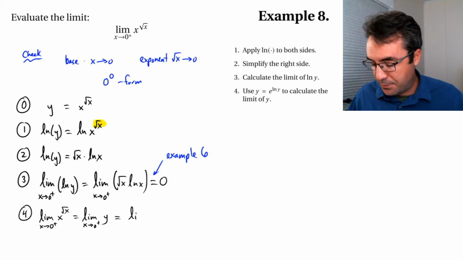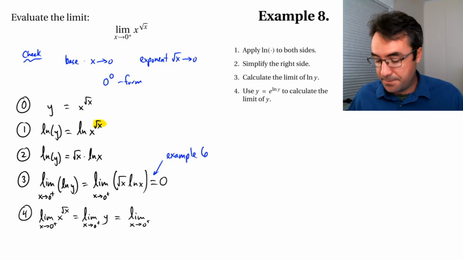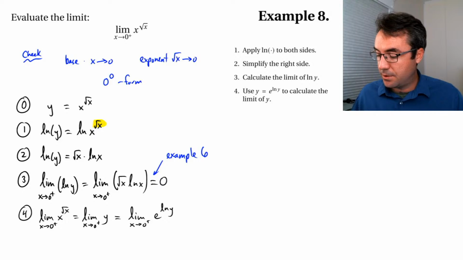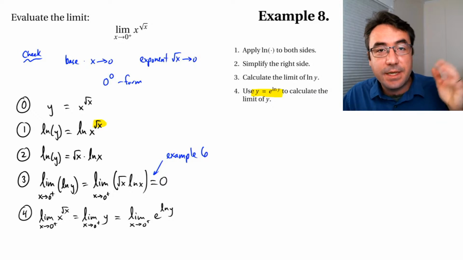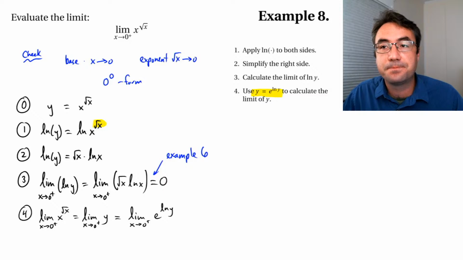Now we use that property that y is equal to e raised to the natural log of y. That's all we're using there, just y is equal to e raised to the natural log y, and that's because e and natural log are inverse functions, so they would just cancel out.